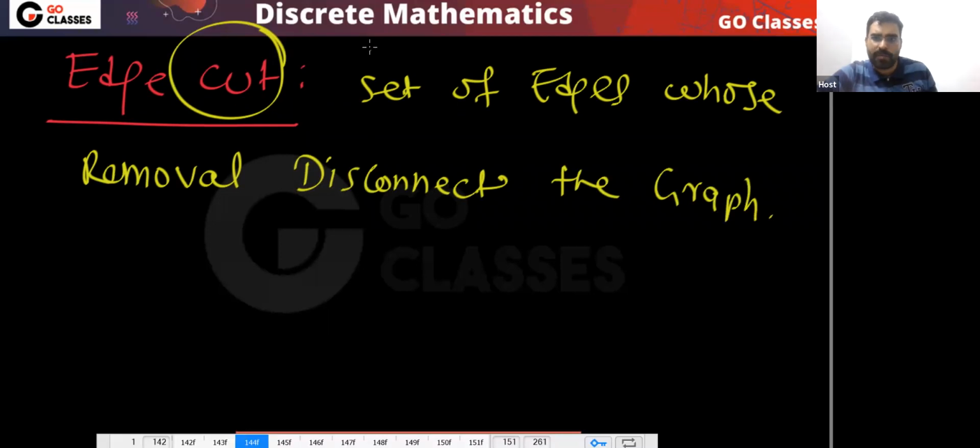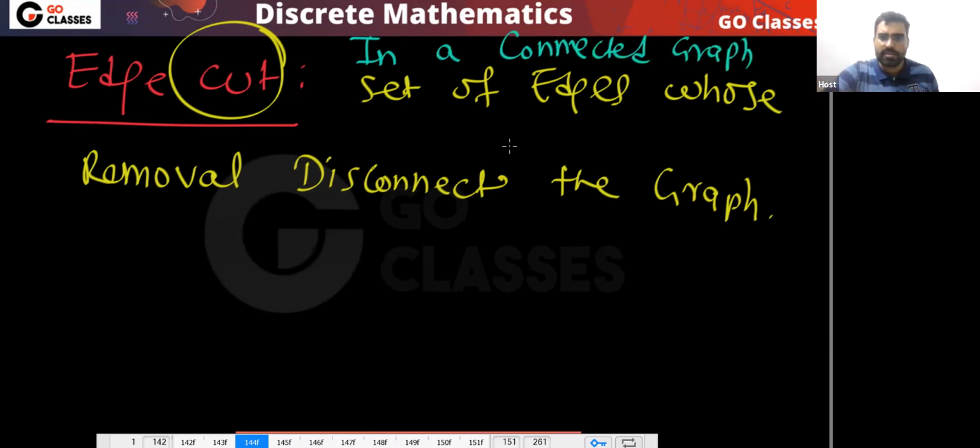Remember, this should happen in a connected graph. This is the definition of an edge cut.